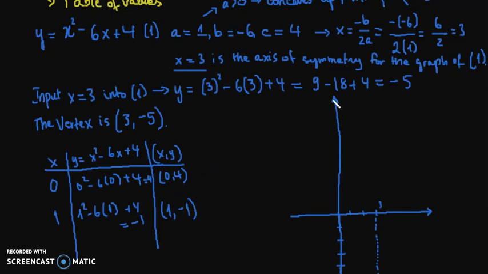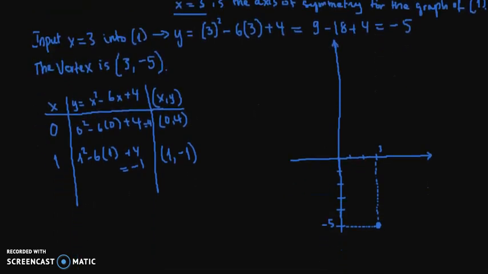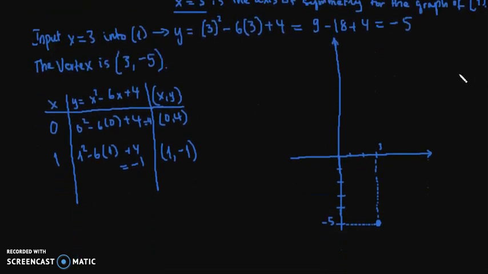Because of the symmetry of a parabola, we only need to find 2 points, and then we can reflect those 2 points across the axis of symmetry. So x equal to 3 is also the axis of symmetry for the parabola.